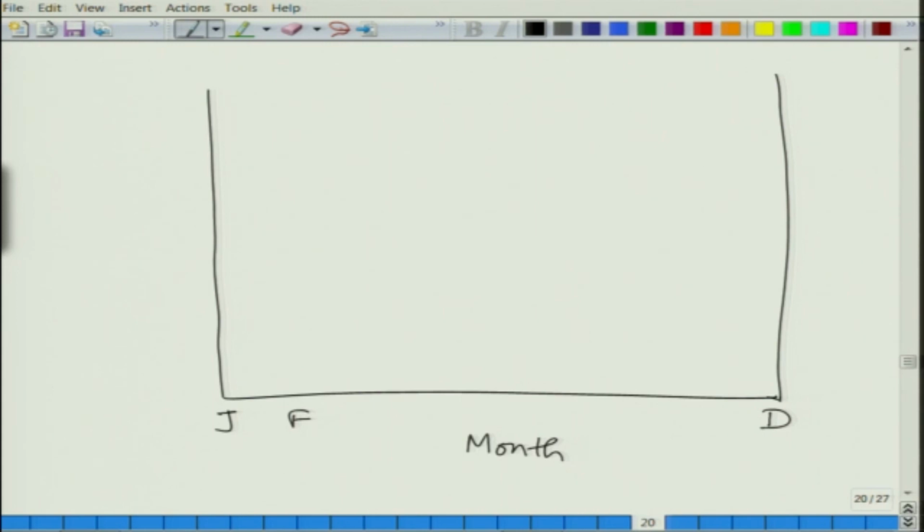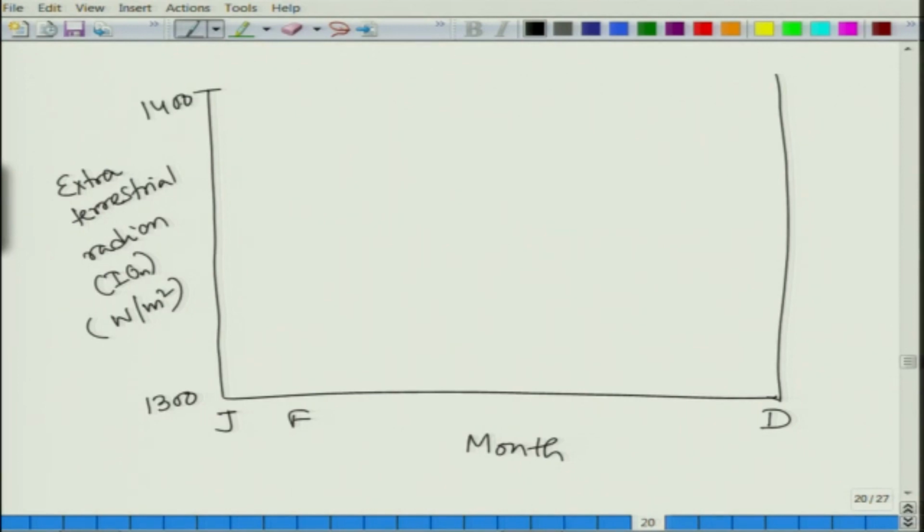And on the other axis we plot extraterrestrial radiation, basically ION, and the unit will be watt per meter square. Let us say it varies between 1300 to 1400. So, the values will be like this.